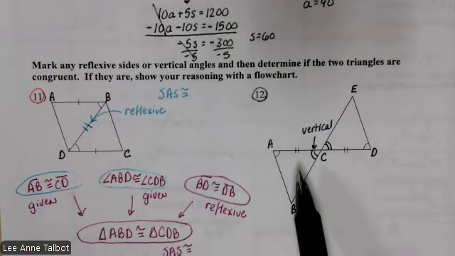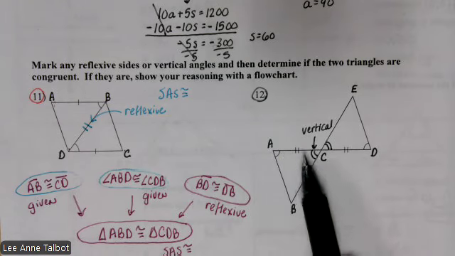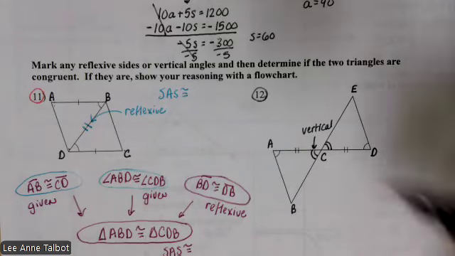Okay, now everyone in the room, take a look at the screen. What type of a thing is this mark for? And your choices are angle or side. Angle. And what's this? Side. And what's this? Angle.